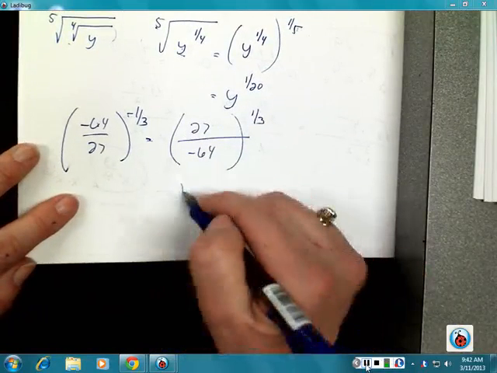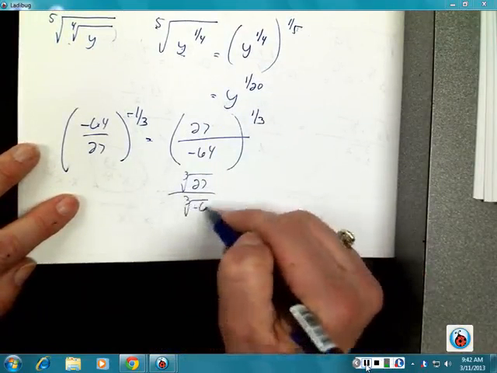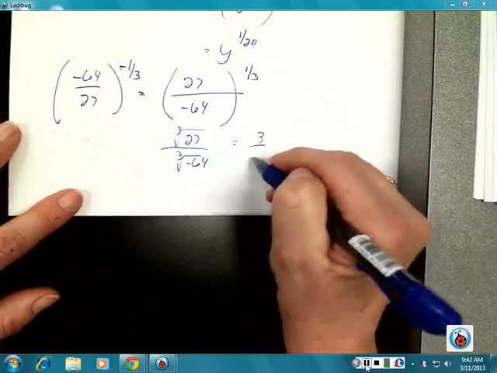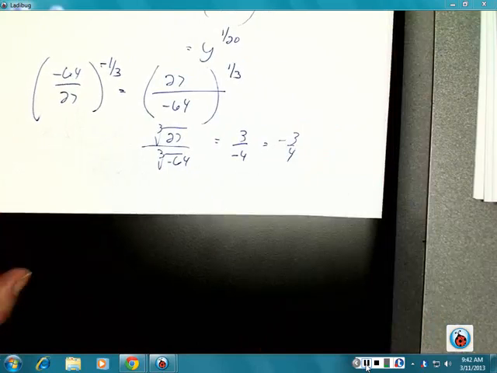So when I do that, I want the cube root of 27 over the cube root of negative 64. And so then I can end up doing that and get 3 over negative 4, or negative 3/4, would be what I'd get for that one. Okay? Alrighty.